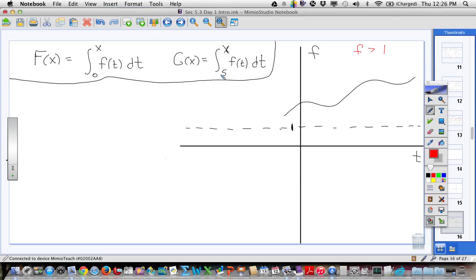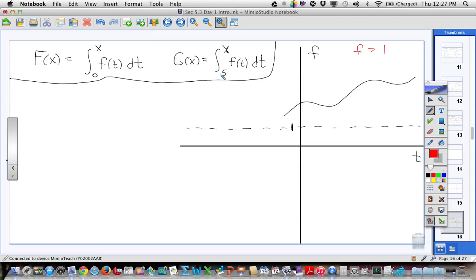They're different in the plus c, right? That's how antiderivatives are always different. If I have the antiderivative of x, that's 1/2 x squared plus c. We figured out that the left edge is what determines that c, right? Different left edge, different plus c, because it's a different piece of area that they are apart. So that's what we know.